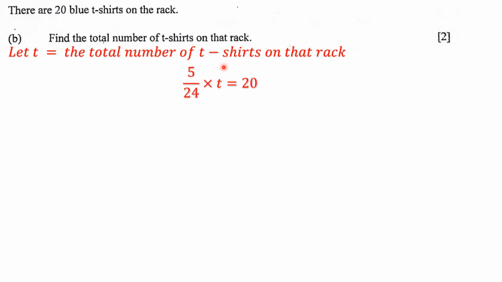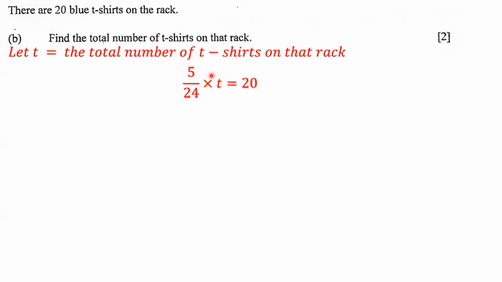Now, if T is the total, that means that if we multiply our fraction of blue shirts by T, we're going to get 20 because there are 20 blue shirts. So we say 5 over 24 multiplied by T, the total, is going to be equal to 20. If we knew what this value was, it would immediately give us 20. But since we don't know what this value is, we represent it using a variable, which is T. And we know, based on the question, that it's going to be 20.